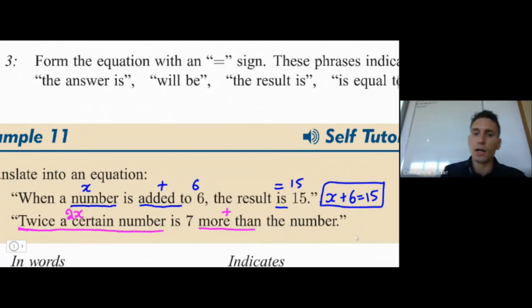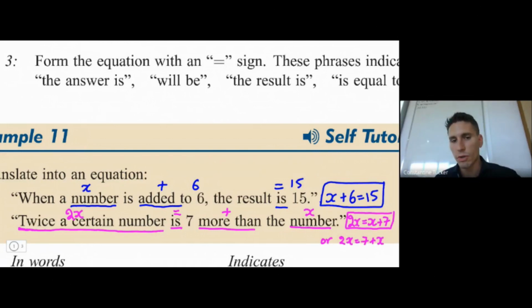And the number is x. And is means equal. So now if we rewrite this whole thing together, we'll have 2x, which means twice the number. Is means equal to. 7 more than the number means x plus 7, which is 7 more than x. Another way would be to say the same thing as 2x is equal to 7 plus x. Both are equivalent, both are equally fine.